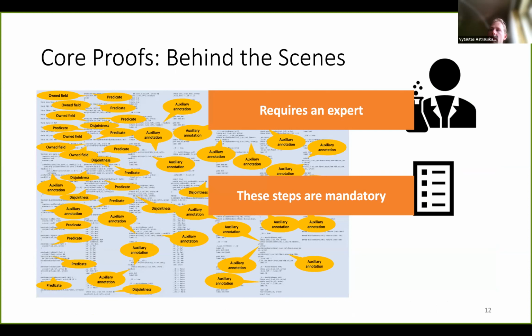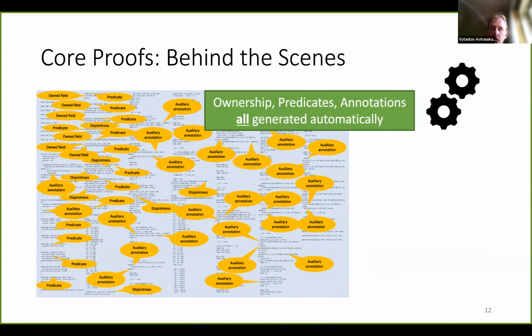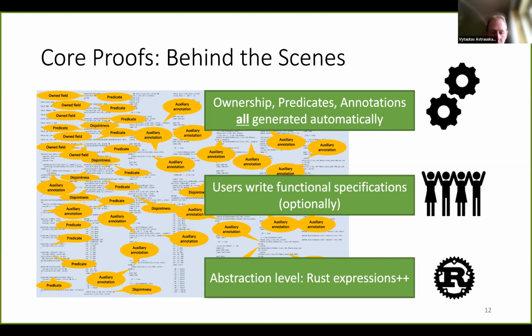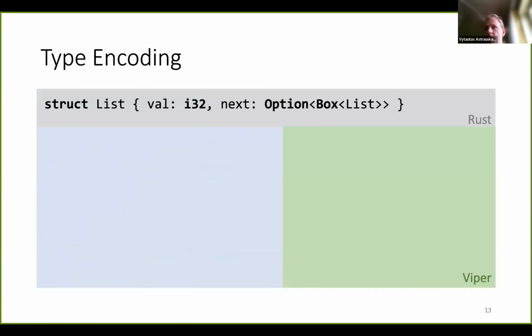Coming back to the core proof, in a typical setup, writing a proof requires an expert, and these steps are mandatory. With Prusti, we get all of this generated automatically, and users only need to optionally write functional specifications. The abstraction we need to deal with is Rust expressions plus some minor additional elements.